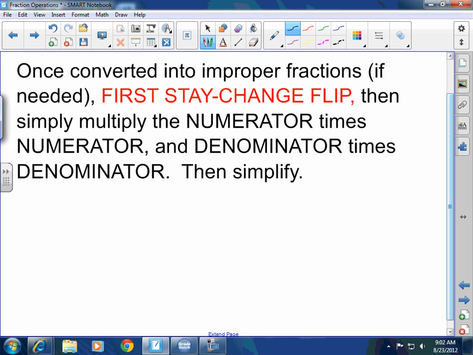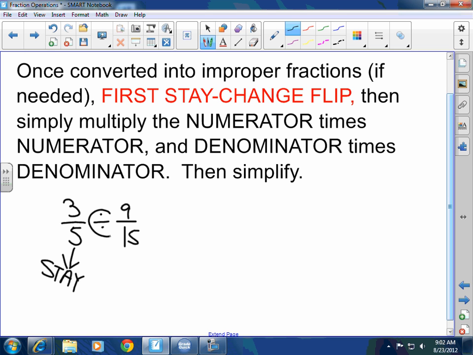Because a lot of times people get confused when they're dividing. If I have 3/5 divided by whatever, 9/15, okay? The first fraction you see stays the same, so hence stay.